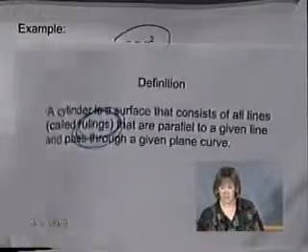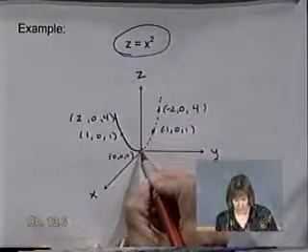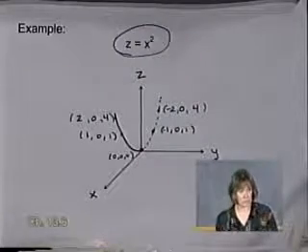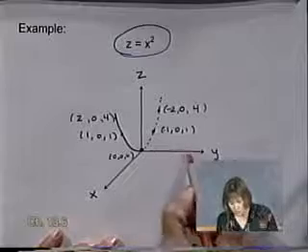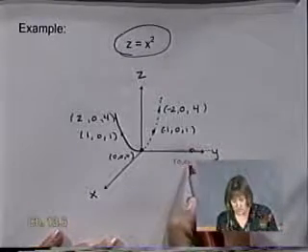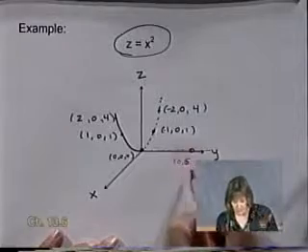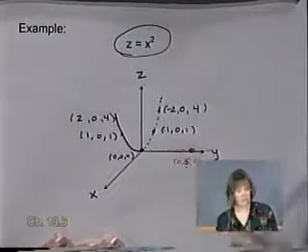Are you with me? So if the point 0, 0, 0 works, any point along the y-axis, if I go parallel to the y-axis, will also work. Look, this point right here could be maybe 0, 5, 0, right? Because I moved over along the y-axis 5 units.